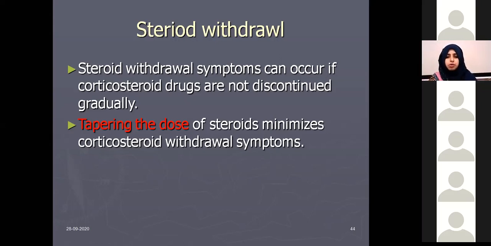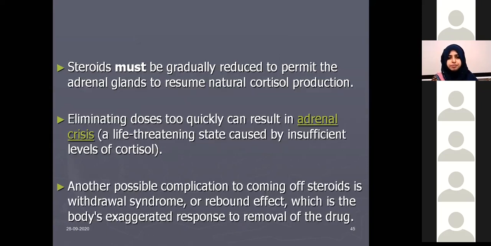You know that steroids are dangerous and shouldn't be continued for a prolonged time, but you cannot stop them abruptly, or your patient will face consequences. So whenever you think about steroids, always think about tapering the dose. You can't stop it abruptly, but you taper the dose gradually.